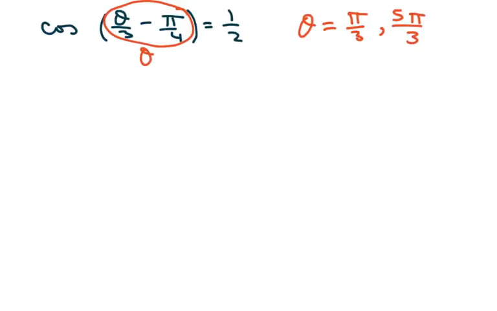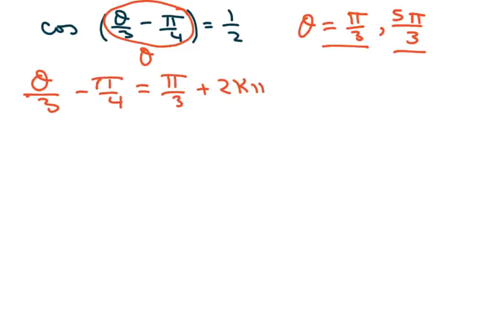So we want theta to be this or that, so we're going to set this argument to pi over 3 plus 2k pi, and we're also going to set it to, let me just do this one first.